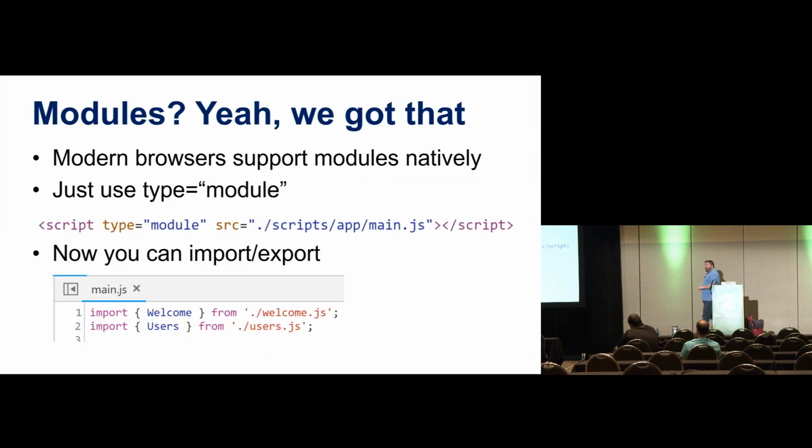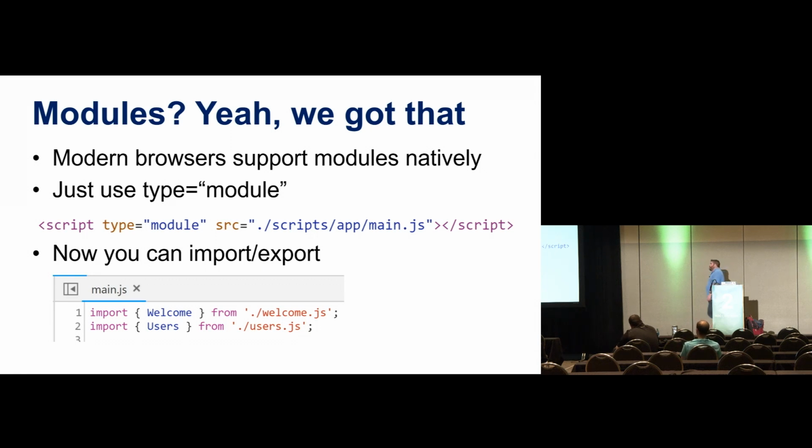Here's one, though, that is probably going to blow all of your minds, which are modules. Native ES 2015 modules work in the browser. Here we go. I've got some module called main.js that I loaded up. How did I load it?